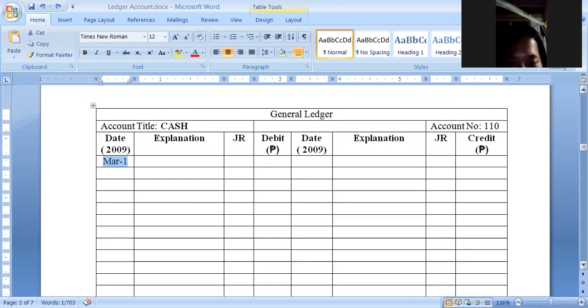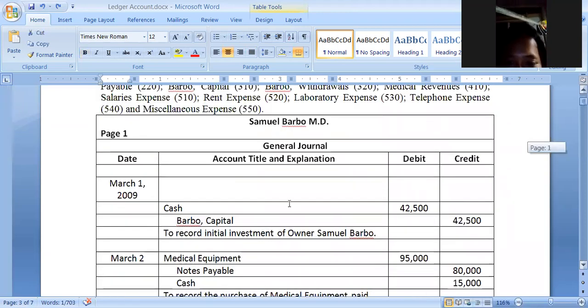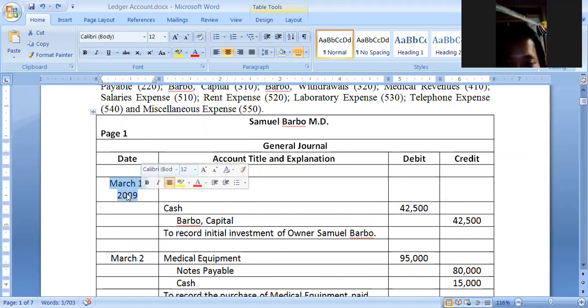So March 1. Let's go back to journal entry. As you can see, March 1, our cash is debited, which is 42,500.